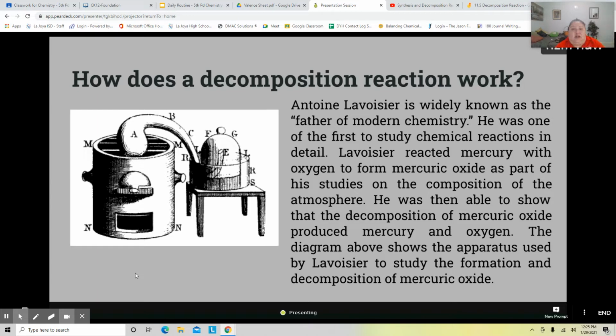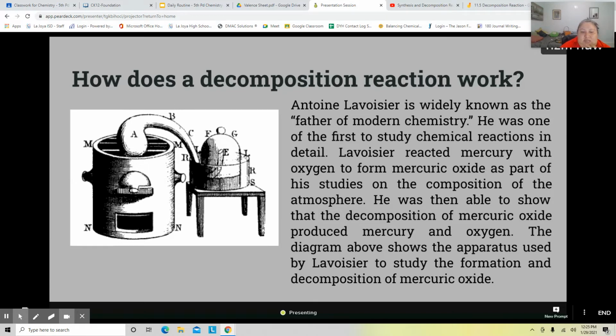A lot of very large vocabulary words, right? It can totally get a little bit tongue twisted. But the whole thing is that Lavoisier was one of the first to study this type of reaction. And he studied the breakdown of mercuric oxide.